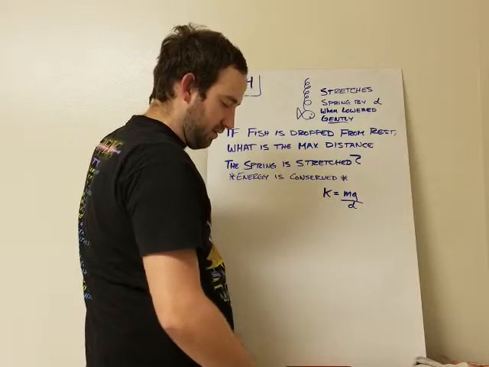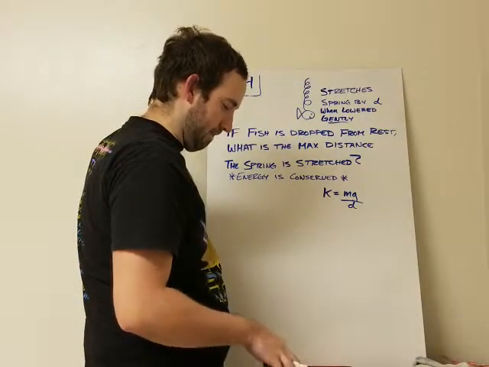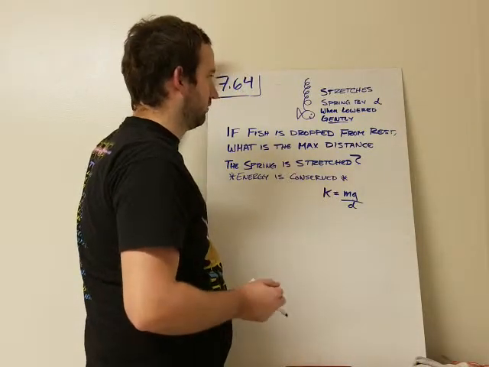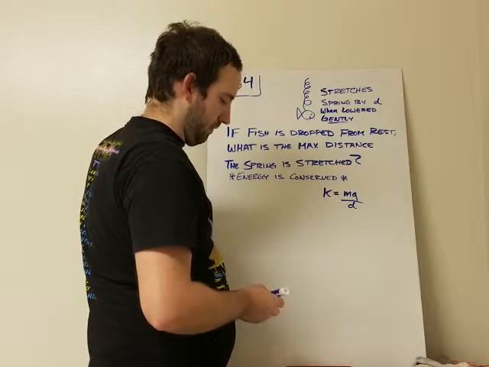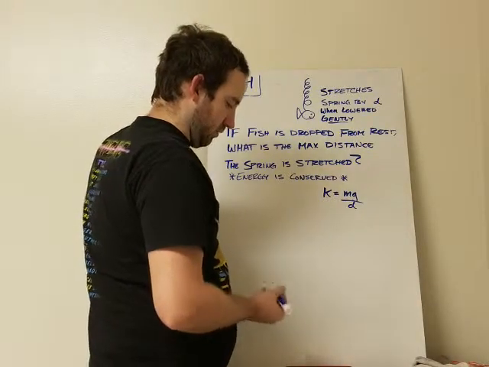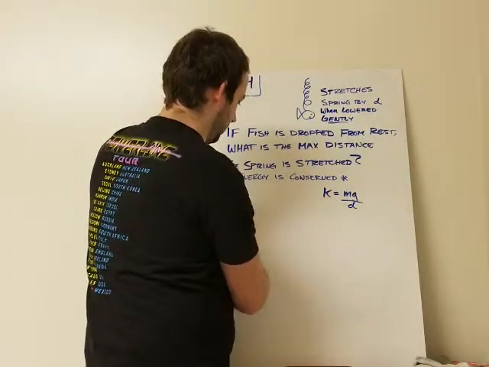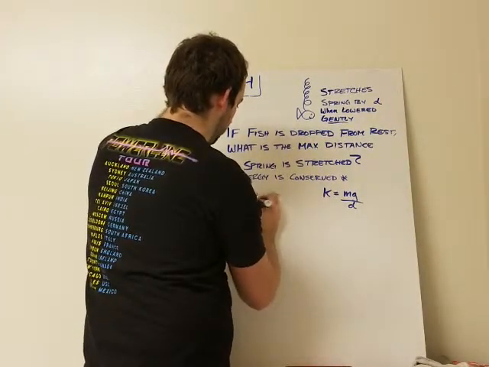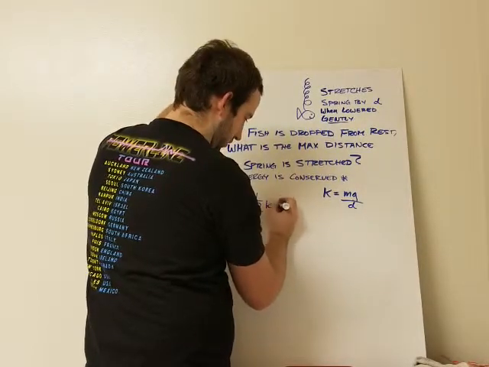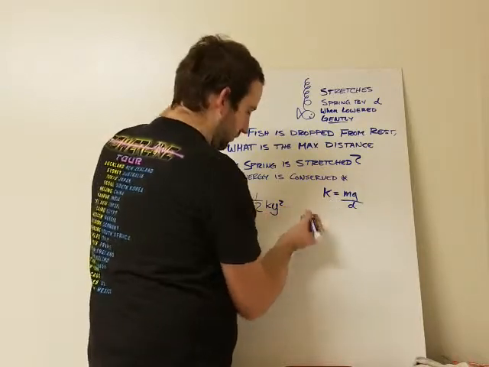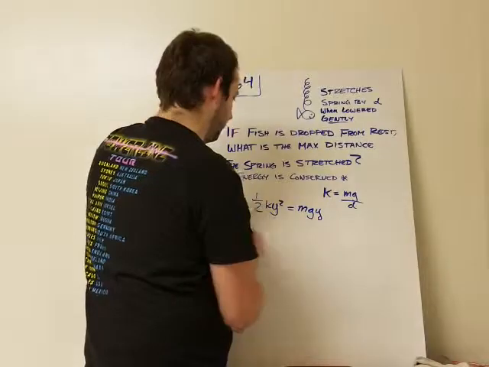So we have that, but now we need to factor in everything else. We can use our potential energy equation, 1/2 K y squared, and that equals mgy.